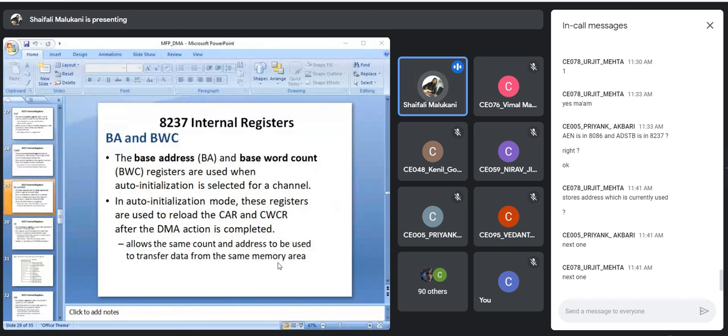Next is base address and base word count. So what is base address? Suppose I want to do a block transfer again and again. Suppose I am taking data from IO, and some sensor is sending me data every hour for 24 hours.